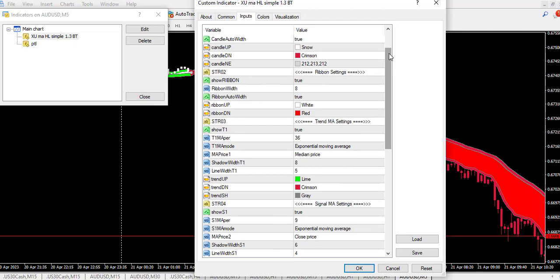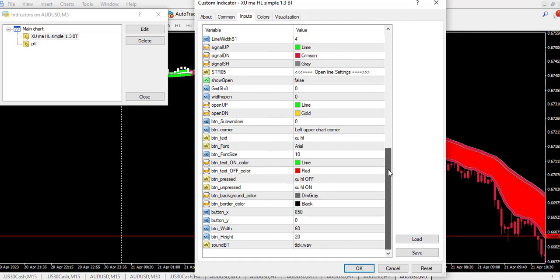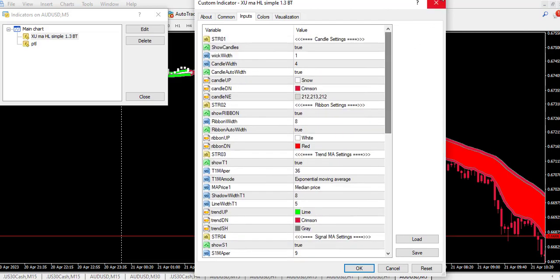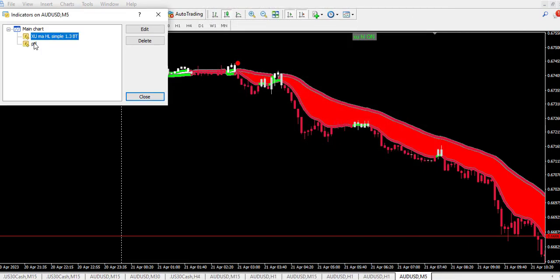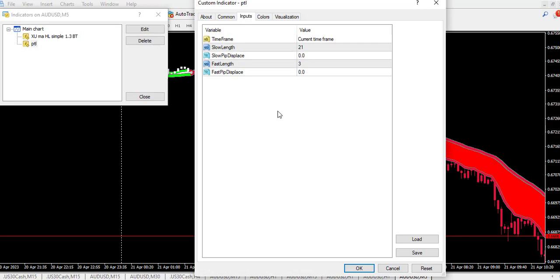But this is the setting for this particular indicator, but I'm going to give you the template so that you will use the template instead of setting every indicator one by one.